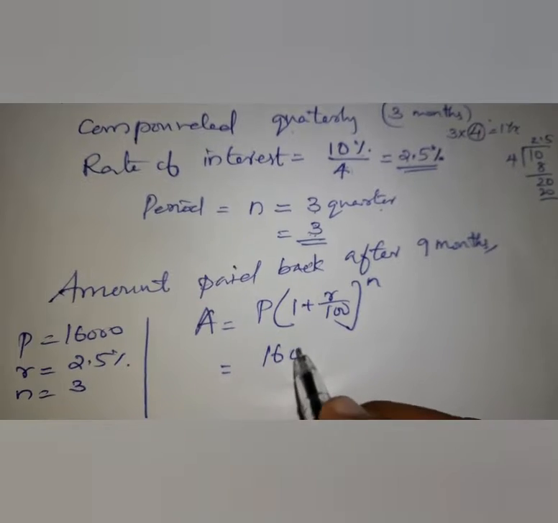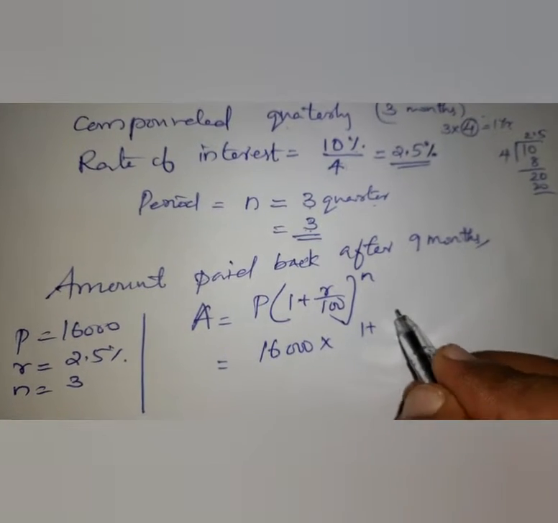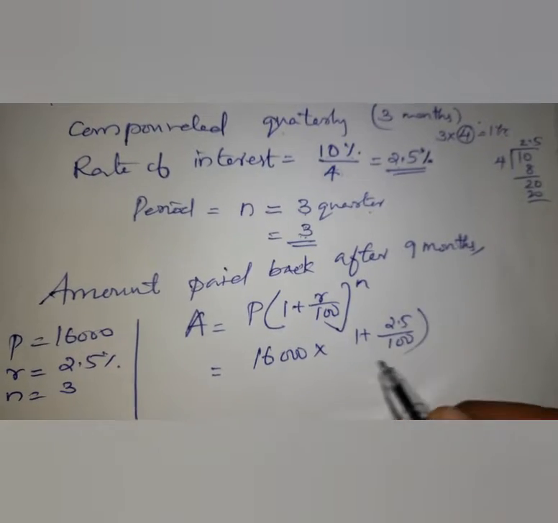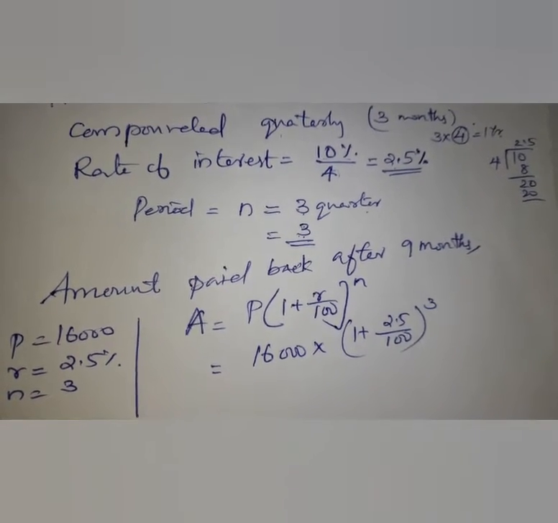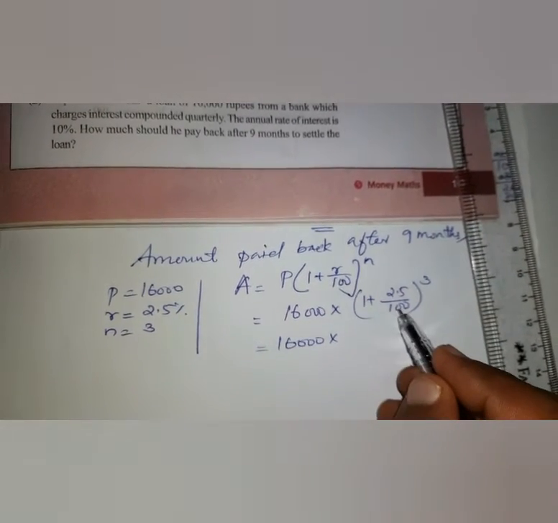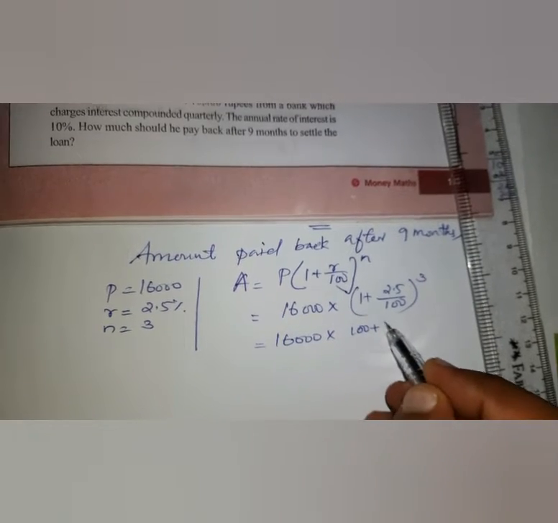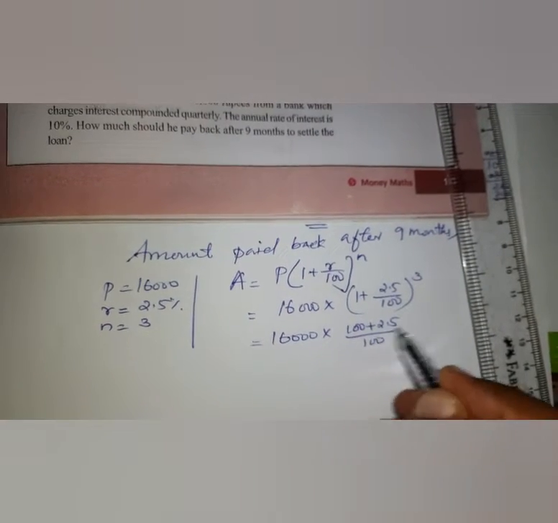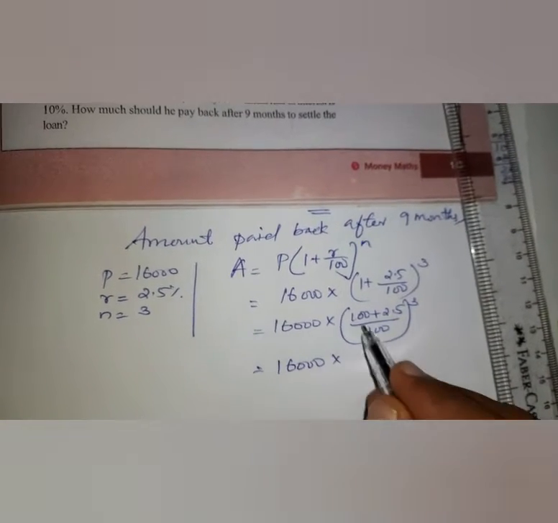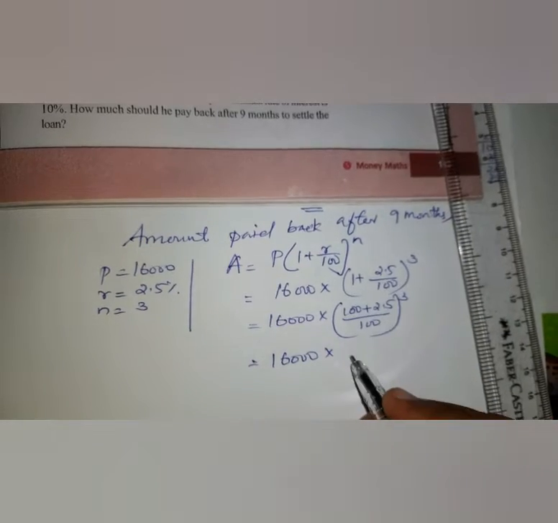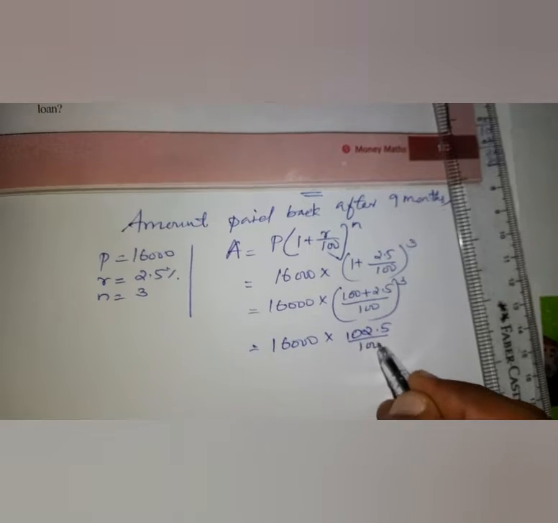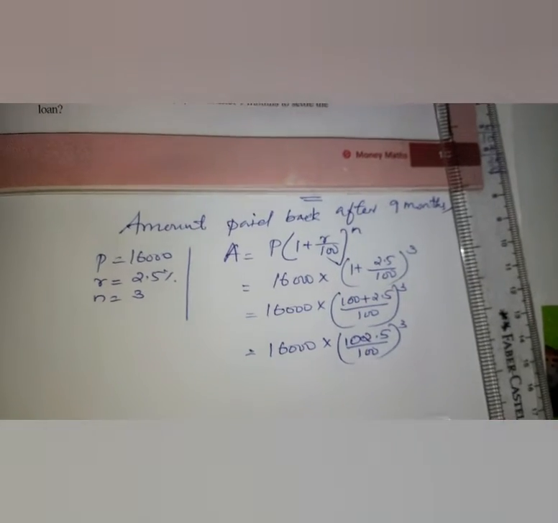So 16,000 into 1 plus 2.5 by 100 raised to 3. That means 16,000 into 102.5 by 100 raised to 3.